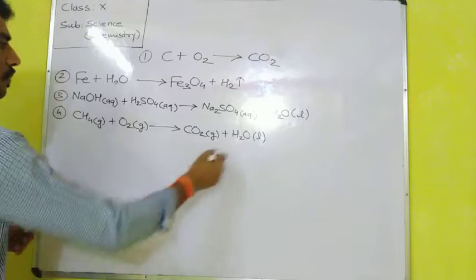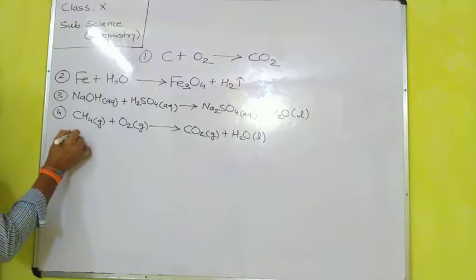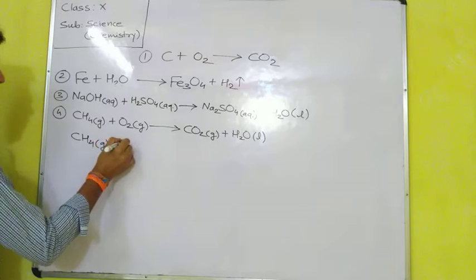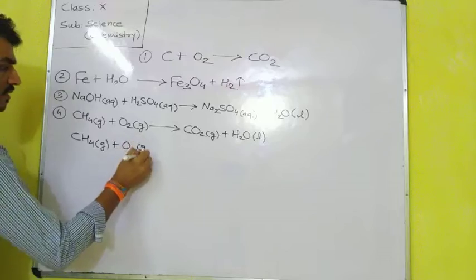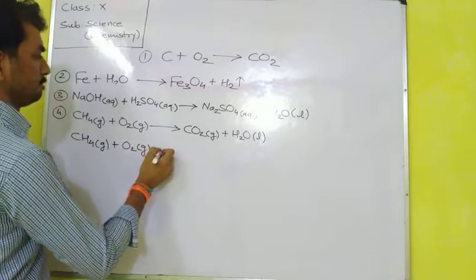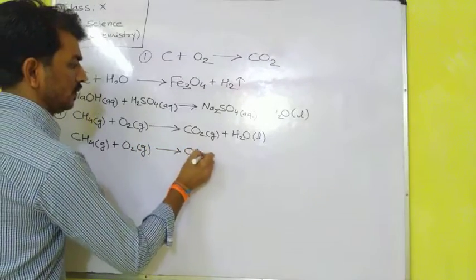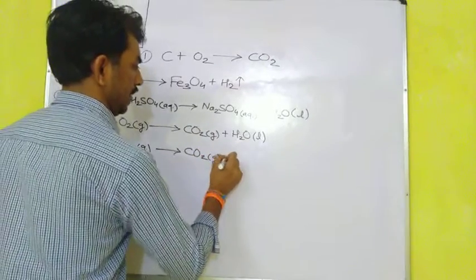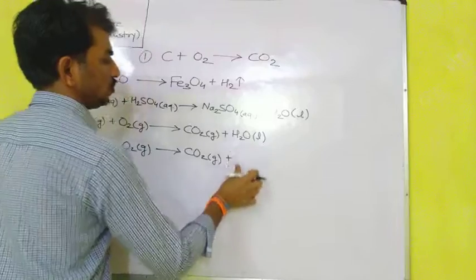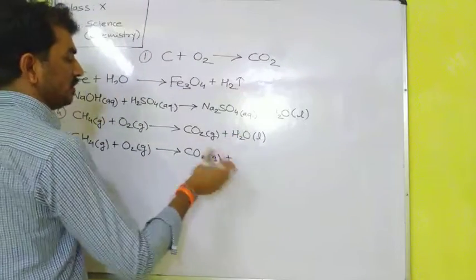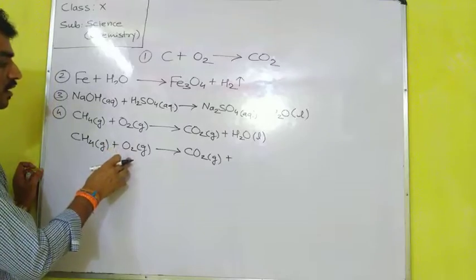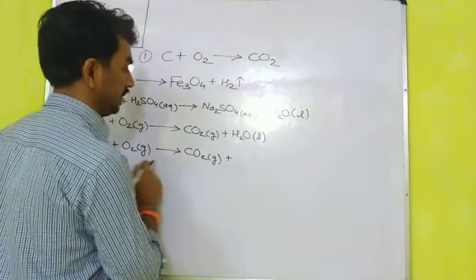So first we have to multiply. CH4 gaseous plus O2 gas is equal to CO2 gas plus H2O. This number of oxygen atoms, first we have to convert it into an even number, because here in the even number oxygen atoms is present.